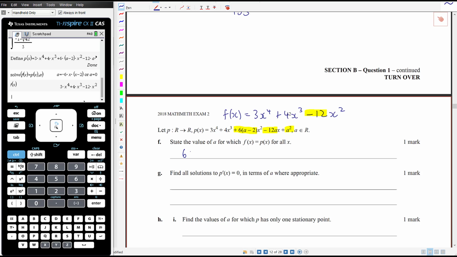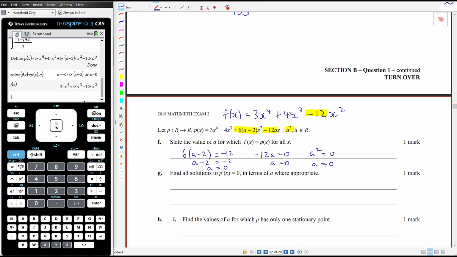So if we had 6 times a minus 2 equals negative 12, dividing by 6, a minus 2 equals negative 2, adding 2 gives a equals 0. In addition to that, we know that negative 12a would have to be 0, and so a has to be 0, and a squared also has to be 0, so a equals 0.